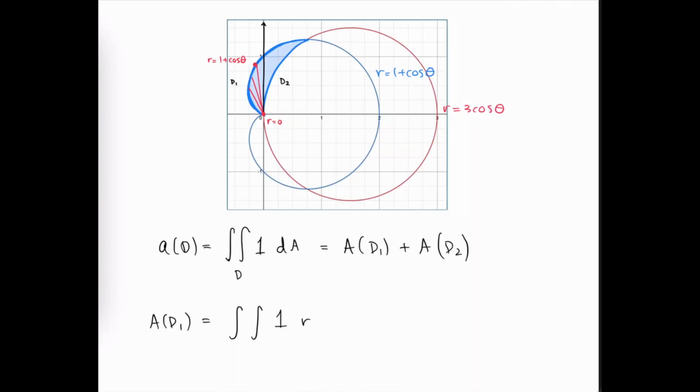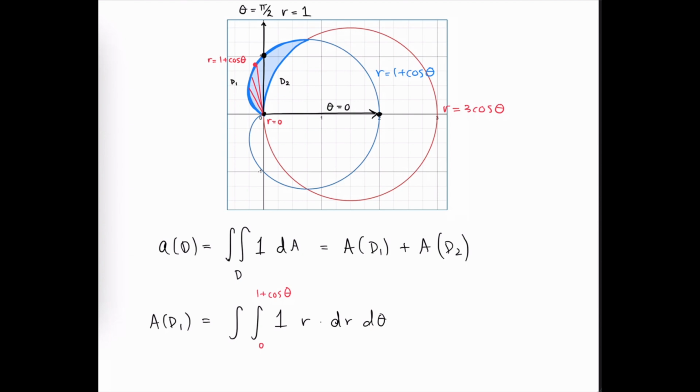So let's put these on as our inside limits. Down here we're looking at 1 times r d theta, and our inner limits for r go from 0 to 1 plus cos theta. Now let's think about the theta limits. On the cardioid, when theta is 0, we get the r value 2 out here. When theta is pi over 2, we get the r value 1.